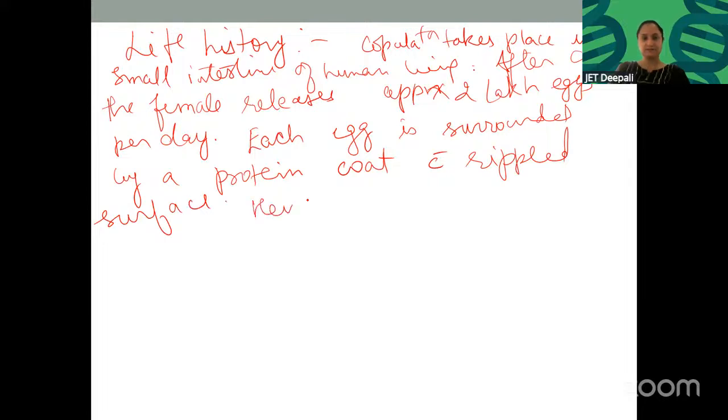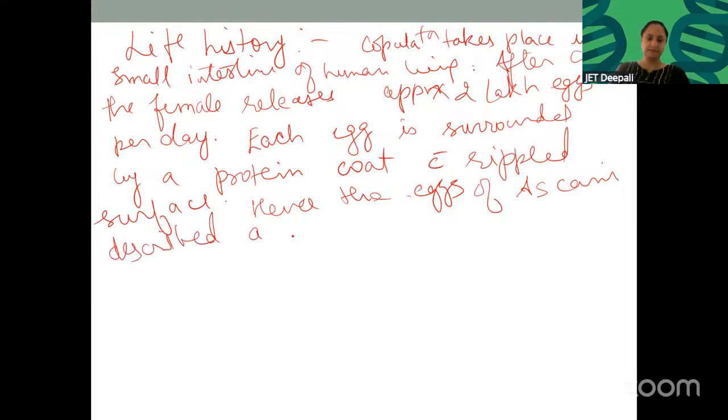Hence, the eggs of Ascaris are described as mammillated eggs. Okay. The protein coat is followed by a chitinous shell.